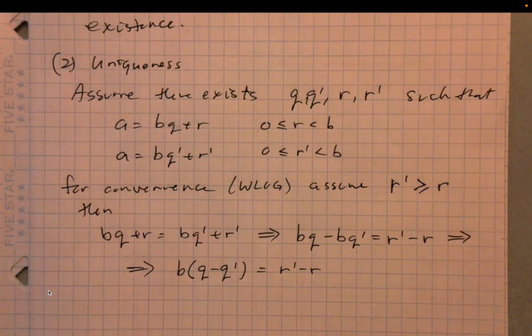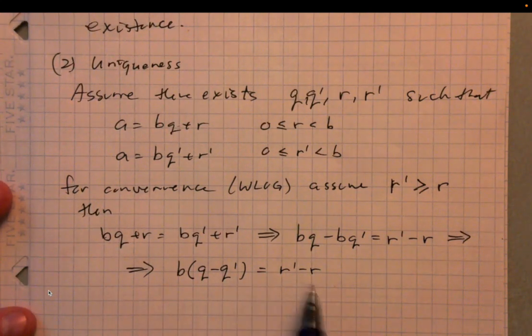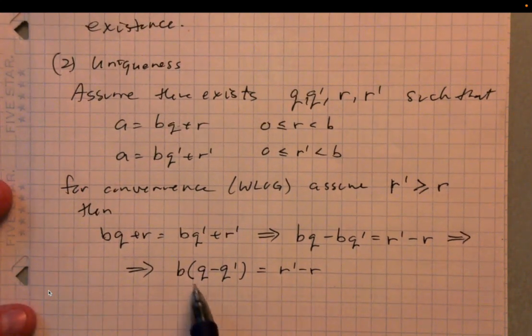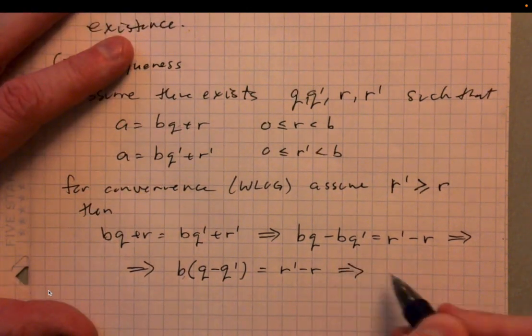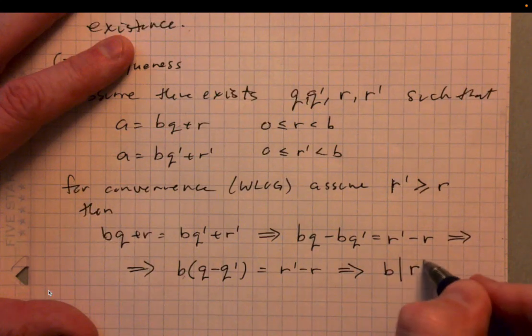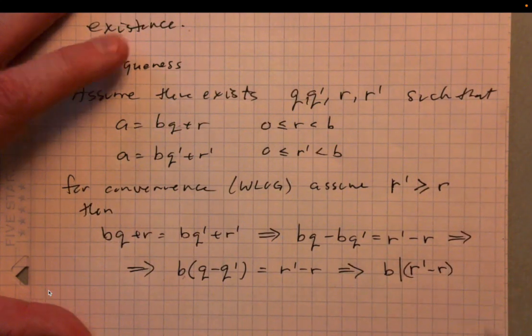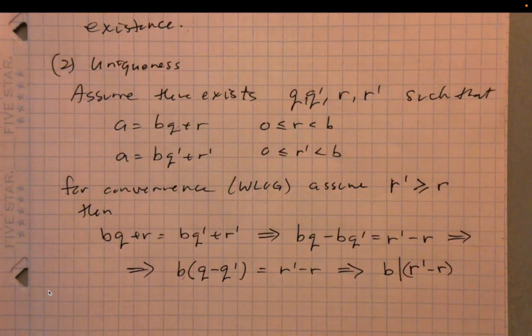Okay, and so here's a subtle little trick, right? By writing it in this way, what this shows is that b divides r prime minus r. So r prime minus r is some positive integer, and I can divide it by b, because this q minus q prime is going to be some integer.